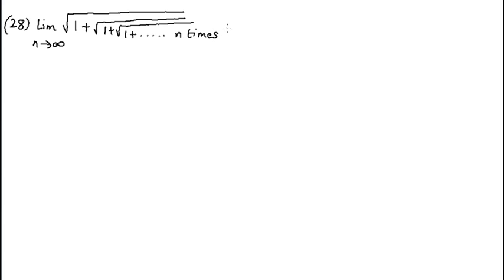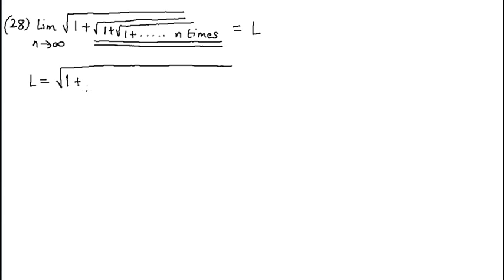Now the way to do this is to express the limit as, let us say, L, and we rewrite the equation as L equals square root of 1 plus, now we are going to write this expression in the form of a limit, but we notice that now in place of n there are only n minus 1 terms left, because one of them has already been written.